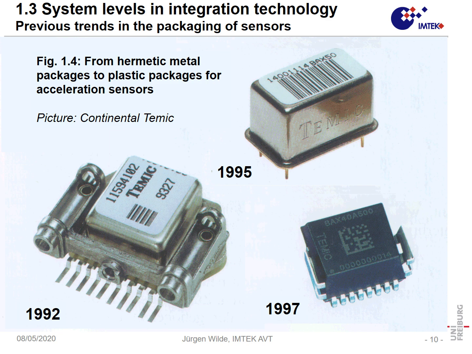There were other innovations, like having this QR code instead of a barcode. And still, such sensors for acceleration measurement are made in a very similar way as they were done over 20 years ago.